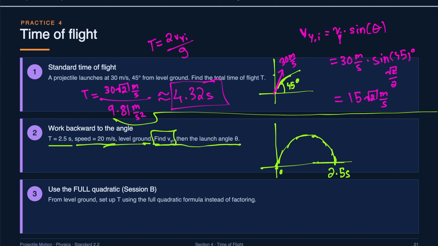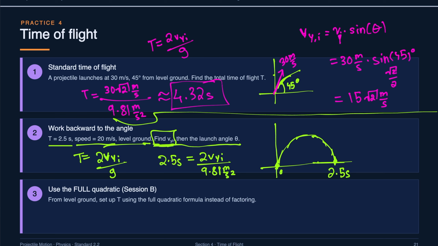Okay, so I look at my formula. T is equal to 2 vy initial over g. Now, I know that t, which is 2.5 seconds, is equal to 2 vy initial over 9.81 meters per second squared.